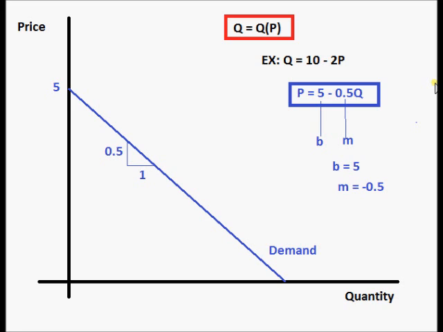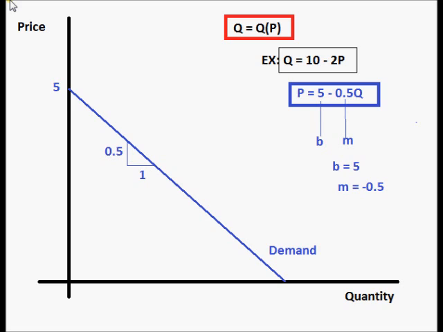If you're comfortable with slope-intercept form, one way to get it into an equation that's conducive to graphing is to solve your original demand curve, which is highlighted in our example here, for price as a function of quantity. Once you solve for price as a function of quantity, you've got it in slope-intercept form, and that's much easier to graph.